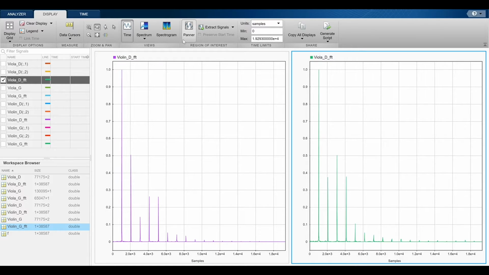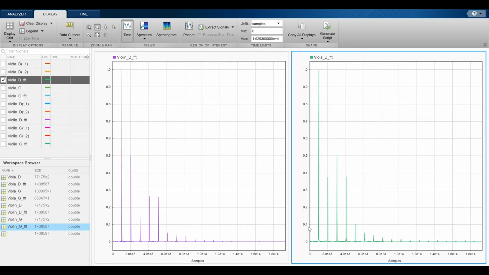Alright, so here you can see that for both instruments, the fundamental frequency is the same. It's just in between 0 and 2 times 10 to the third power, which is 2,000. So we're looking at about 1,000 hertz here, I believe. And that frequency is the same.